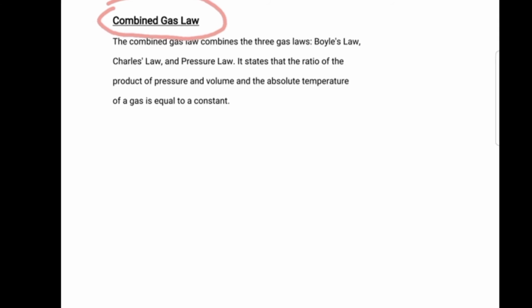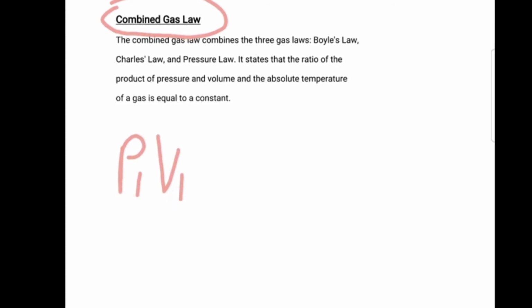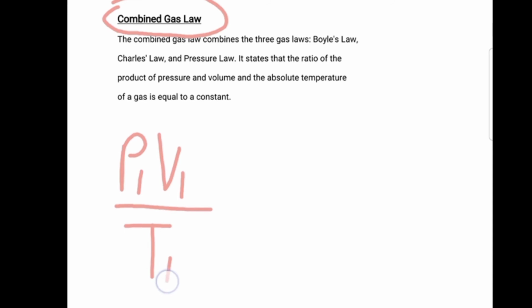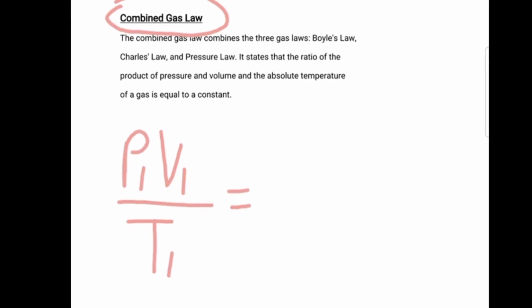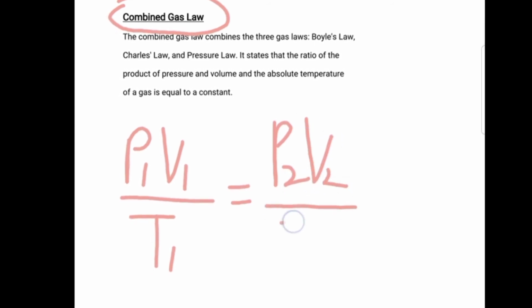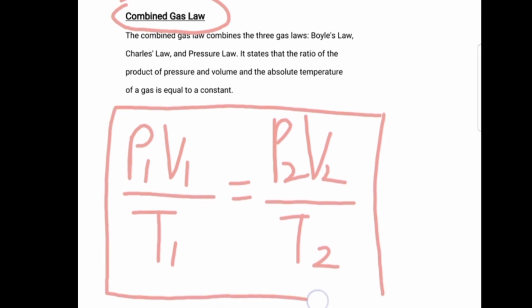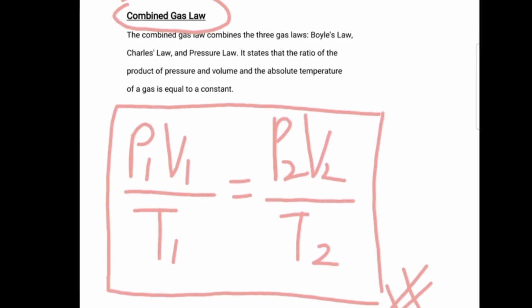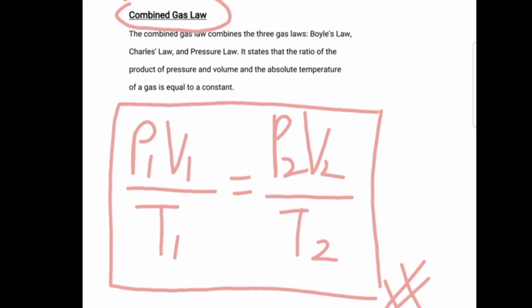So the formula is P1 V1 over T1 equals P2 V2 over T2. This is the formula which can use three terms simultaneously. Do take note.